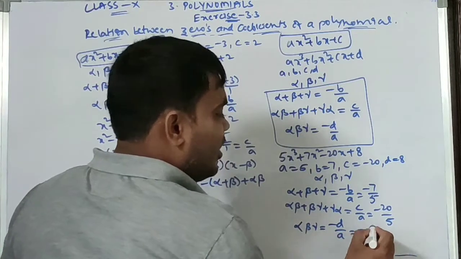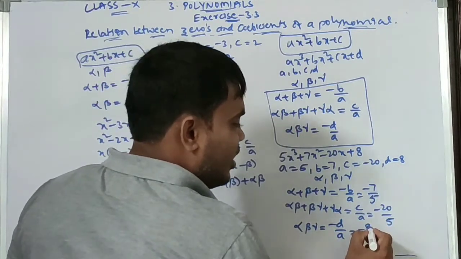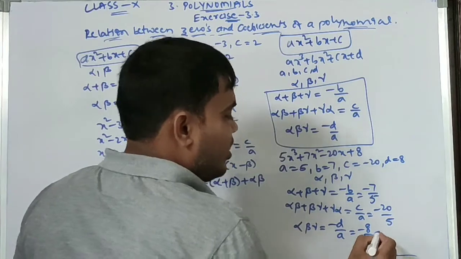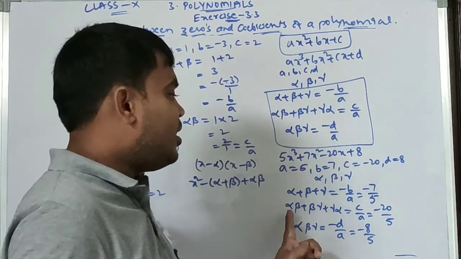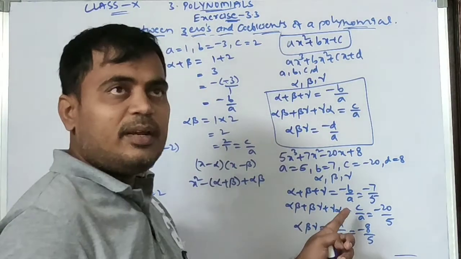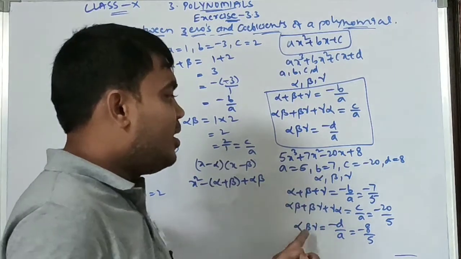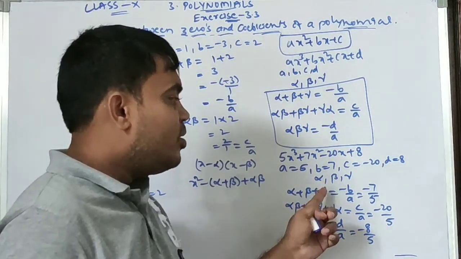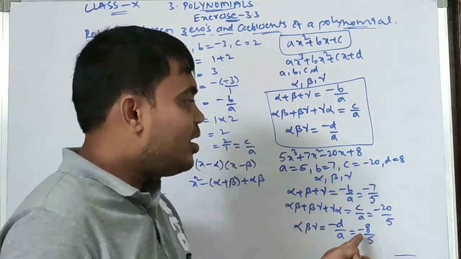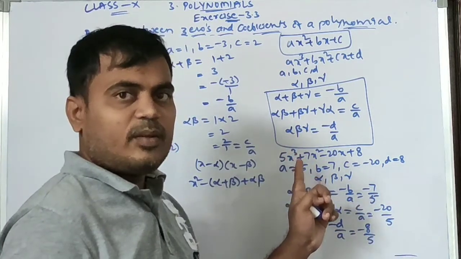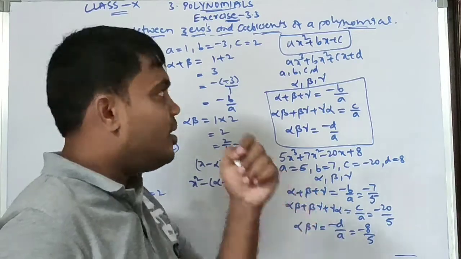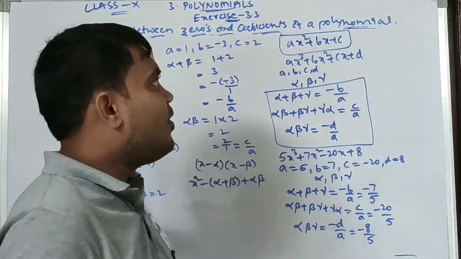What is d? d is 8. 8 by what is a? 5. So alpha plus beta plus gamma, alpha beta plus beta gamma plus gamma alpha, and alpha beta gamma. These are the relations between zeros and the coefficients. Okay, so this is the relation between zeros and coefficients of a polynomial.